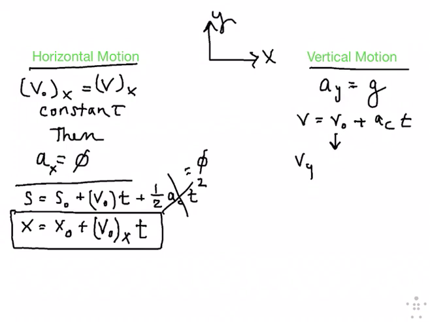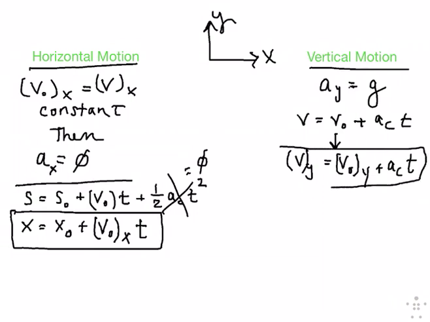So vy, our final velocity in the y direction, is equal to our initial velocity in the y direction plus ac t. Okay, so that's one equation that we can use. So this is one equation for the horizontal. This is a second equation we could use in the vertical direction.